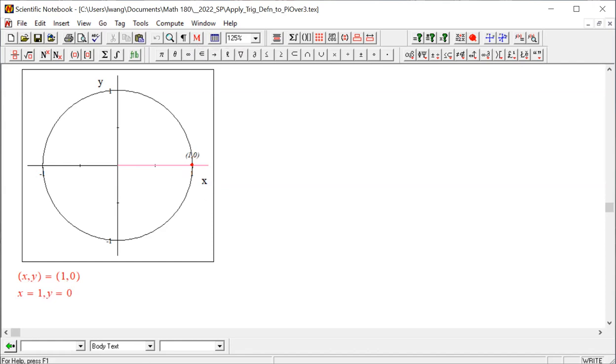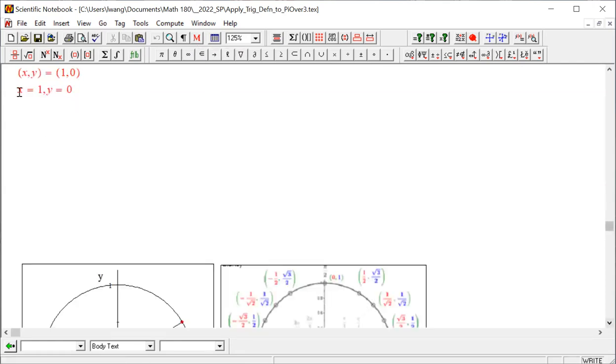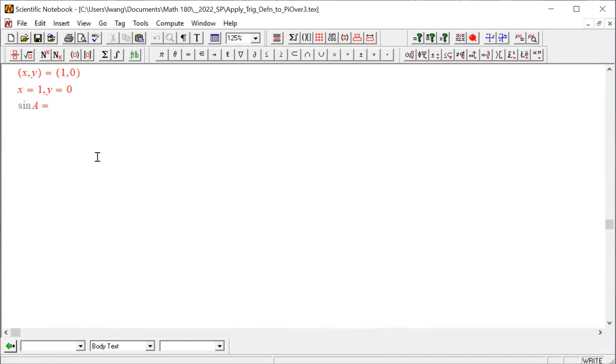That is to say, x is 1, y is 0. So let's look at the definition of these 6 trig functions. R equals 1, right? So for an angle whose terminal overlaps with the standard position, it could be 0 degrees, or 2 pi.